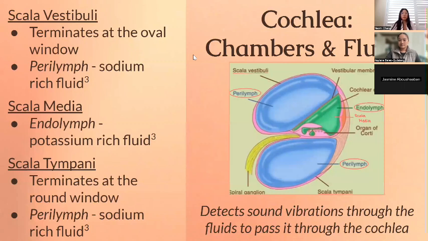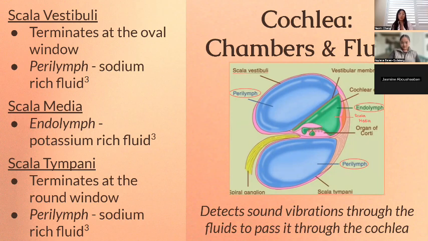And then the cochlea has 3 different chambers, and each are filled with certain fluids. First, we have the scala vestibuli, which terminates at the oval window. It's filled with perilymph, which is a sodium-rich fluid. And then the scala tympani, which is also filled with the sodium-rich fluid.